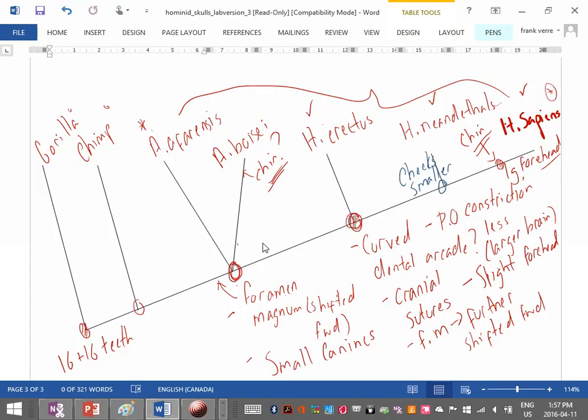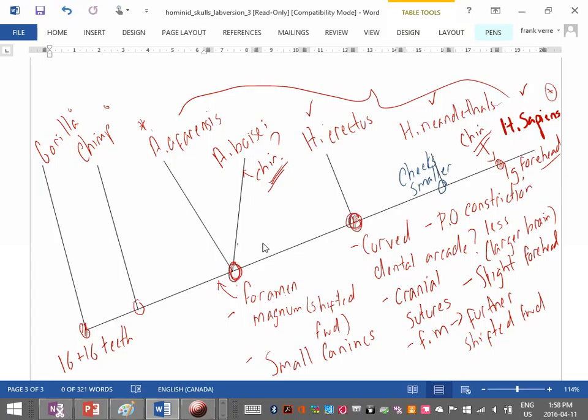How do we know? Now I made this tree, okay? So by making this tree, I am telling you that afarensis is more like us than they are like chimps. But if you had to make your own tree, how would you distinguish and determine whether something was more like a human or more like a chimp? Because afarensis is both.